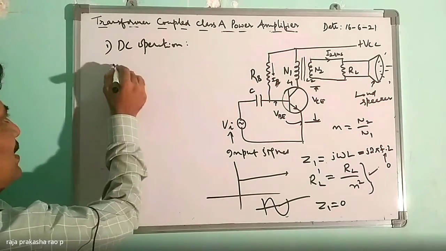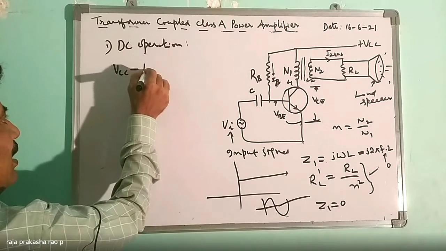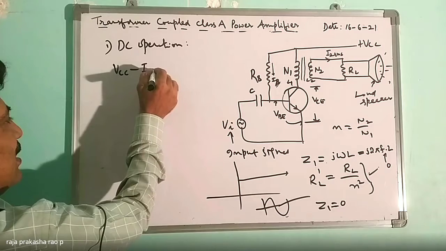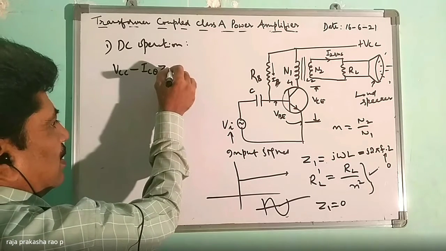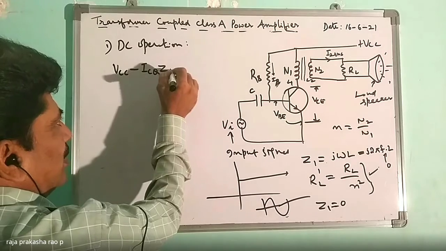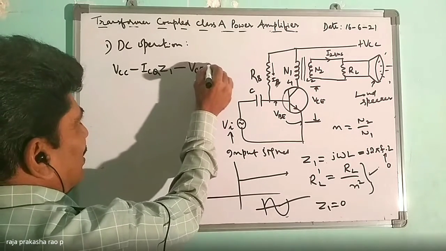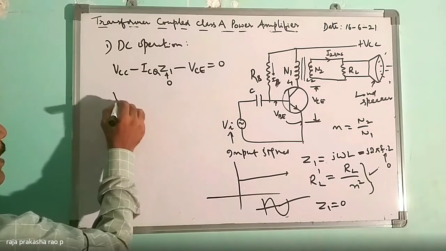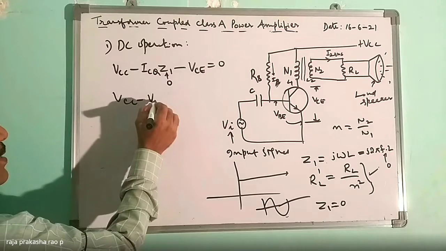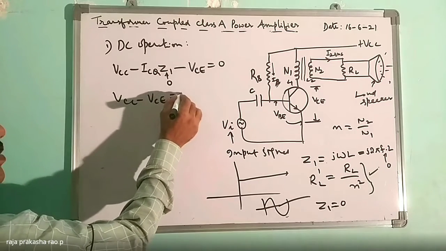So I will write VCC minus ICQ into Z1 minus VCE equal to 0. Since Z1 is equal to 0, we get VCC minus VCE equal to 0.